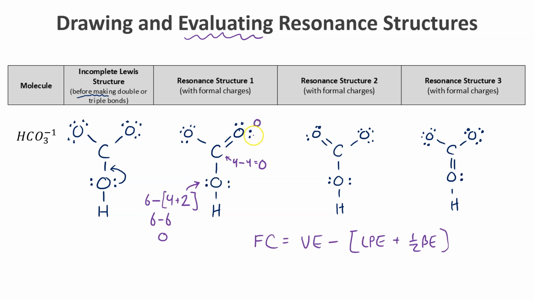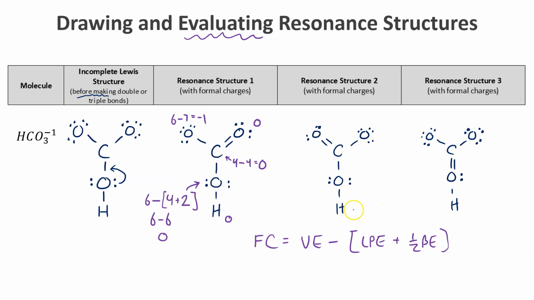So I know without even calculating that this one's going to be 0. This oxygen will calculate out. It's got 6 valence that it should have, minus 1, 2, 3, 4, 5, 6, 7 electrons around it right now, for a total of -1. And this hydrogen here ends up being 0.